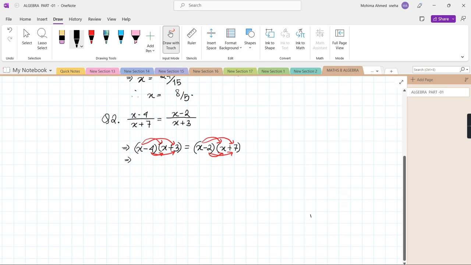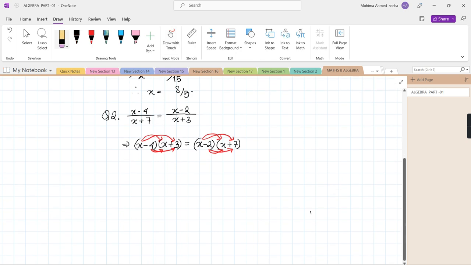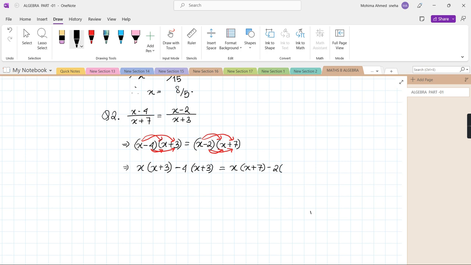If I break this down in detail, the entire thing looks like x times x plus 3, minus 4 times x plus 3, and x times x plus 7, minus 2 times x plus 7. So when you multiply this, x times x becomes x squared plus 3x minus 4x minus 12, and on the right hand side it will be x squared plus 7x minus 2x minus 14.